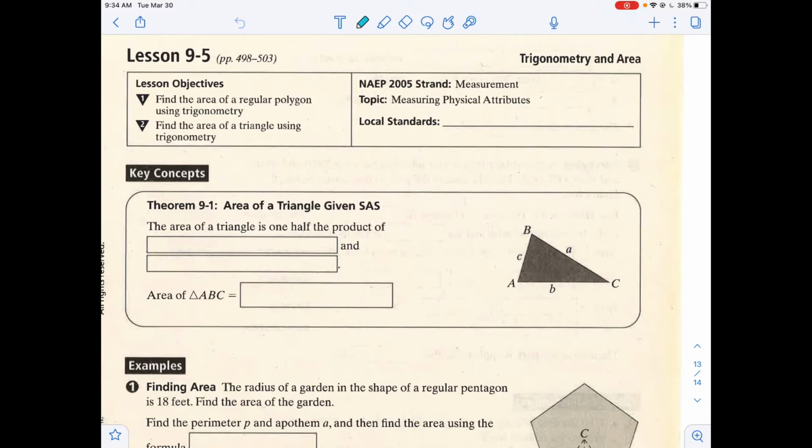It says the area of a triangle is 1/2 the product of the lengths of two sides and the sine of the included angle.